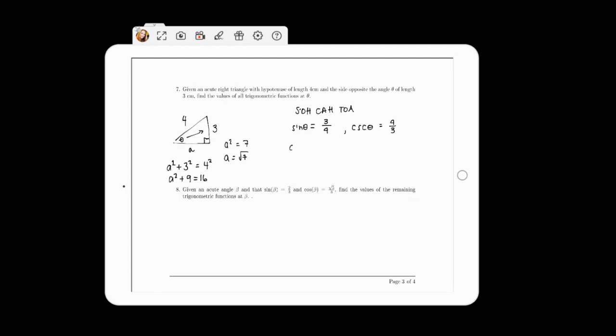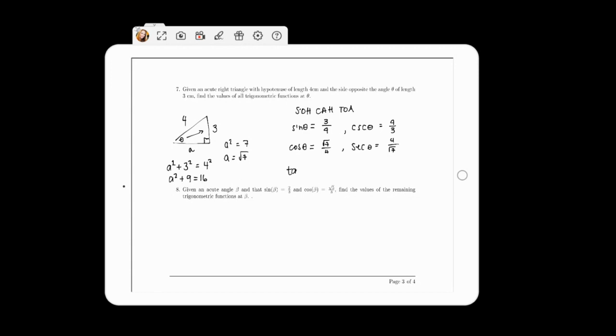Now I use the fact that the cosine of theta is the adjacent side over the hypotenuse side. And so by the reciprocal identity, the secant of theta is 1 over cosine, 4 over root 7.